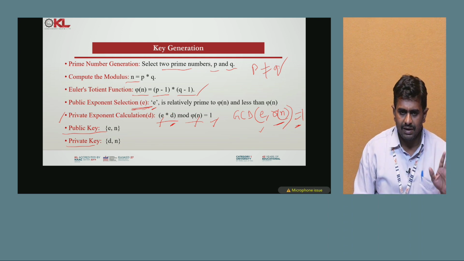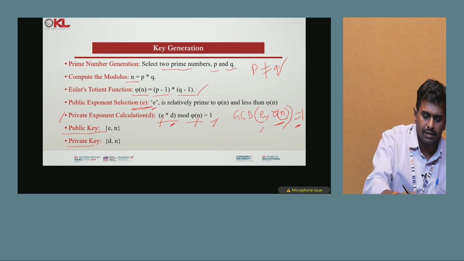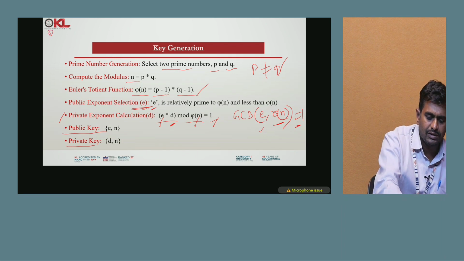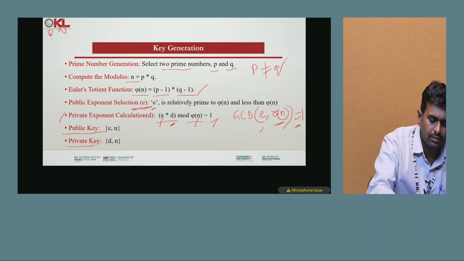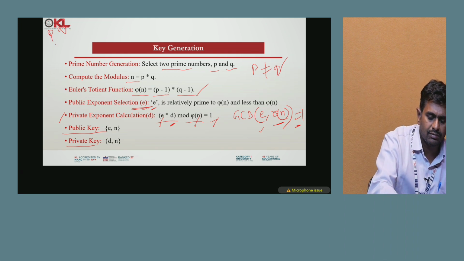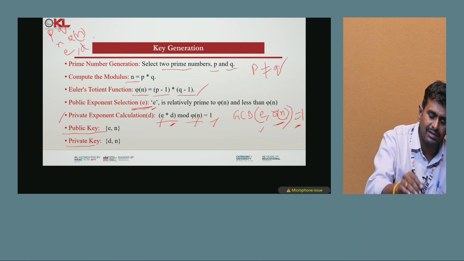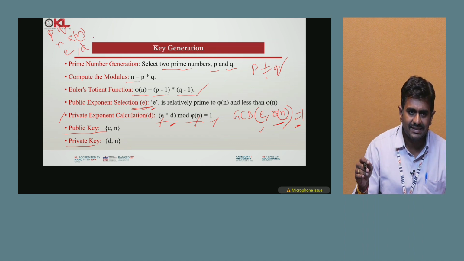The order is: p value, q value, then calculate phi(n), select e, then calculate d.